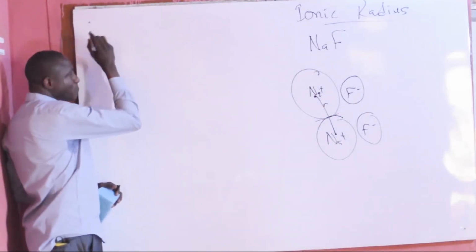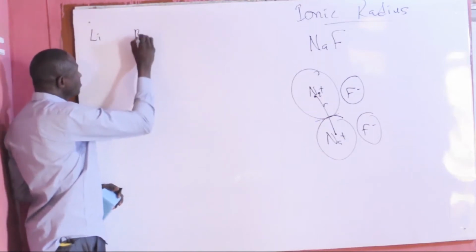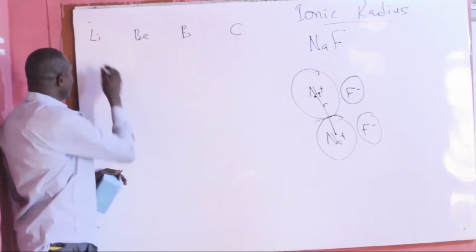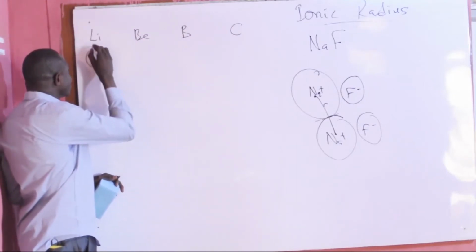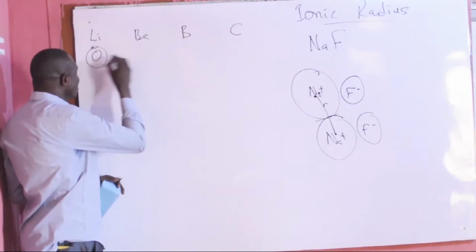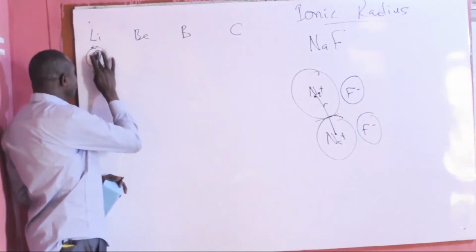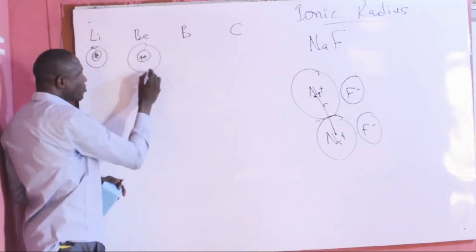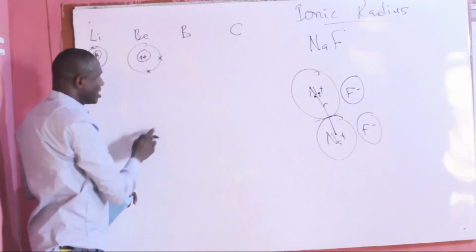Where you have in period 2, lithium, beryllium, boron, carbon, for instance. A lithium atom has 2 shells, 1 electron in the outermost shell with 3 protons in the nucleus. A beryllium atom also has 2 shells, 4 protons in the nucleus, 2 electrons in the outermost shell.